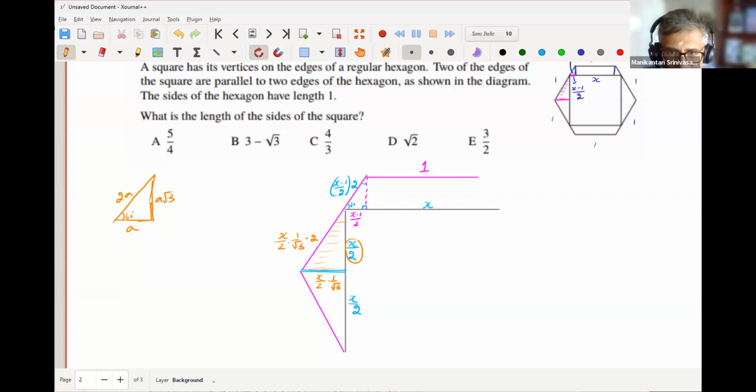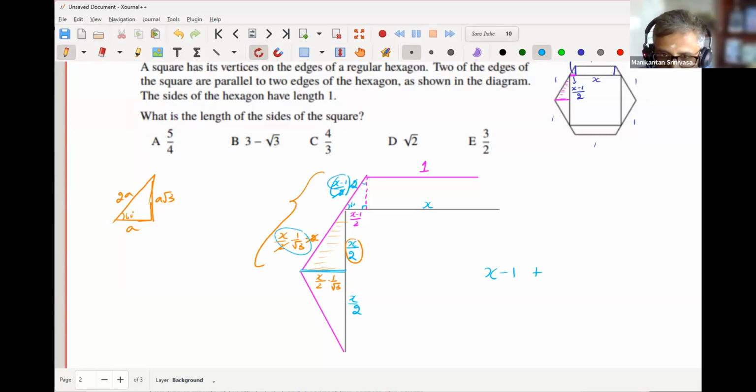And now it's just a question of equating this entire length to the length of 1, right? So we have x minus 1 by 2. Sorry, x minus 1 only. The 2 gets cancelled. The x minus 1 that we had, plus this portion, which is x by root 3.